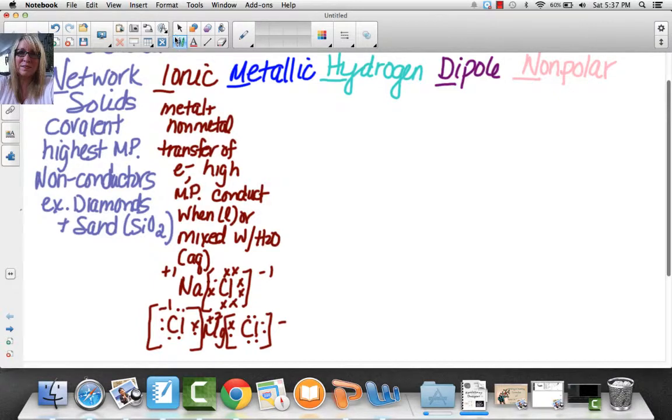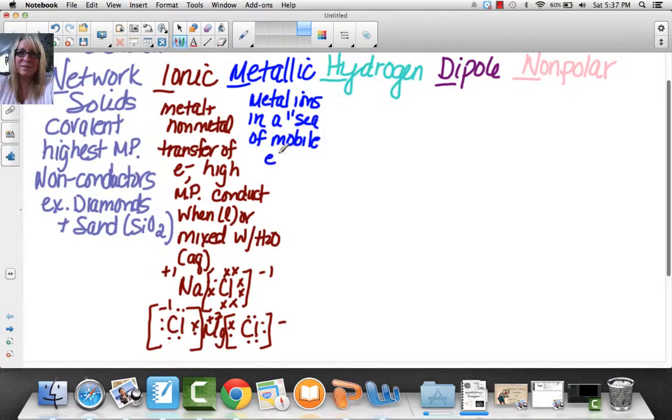All right, let's move on to metallic. Metallic is simply metal ions in, they like to use the term, a sea of mobile electrons.